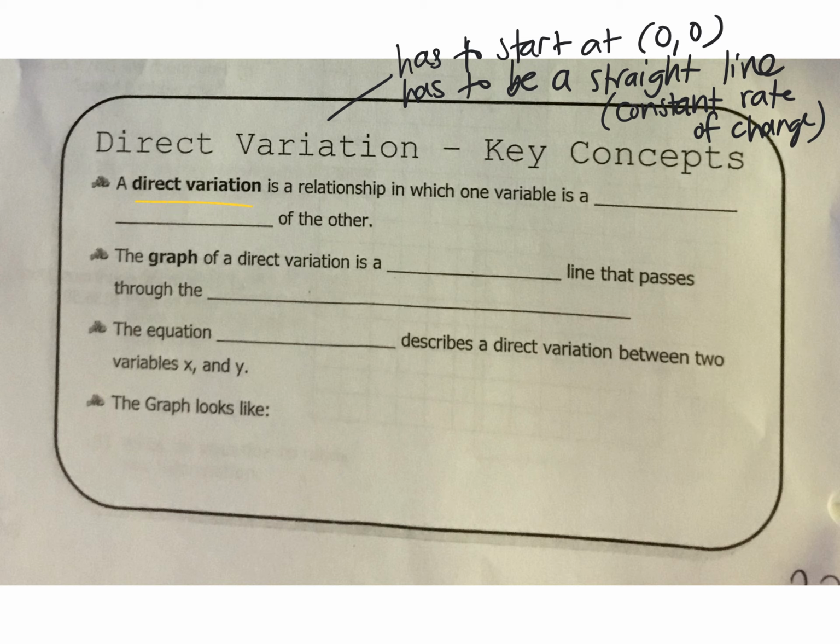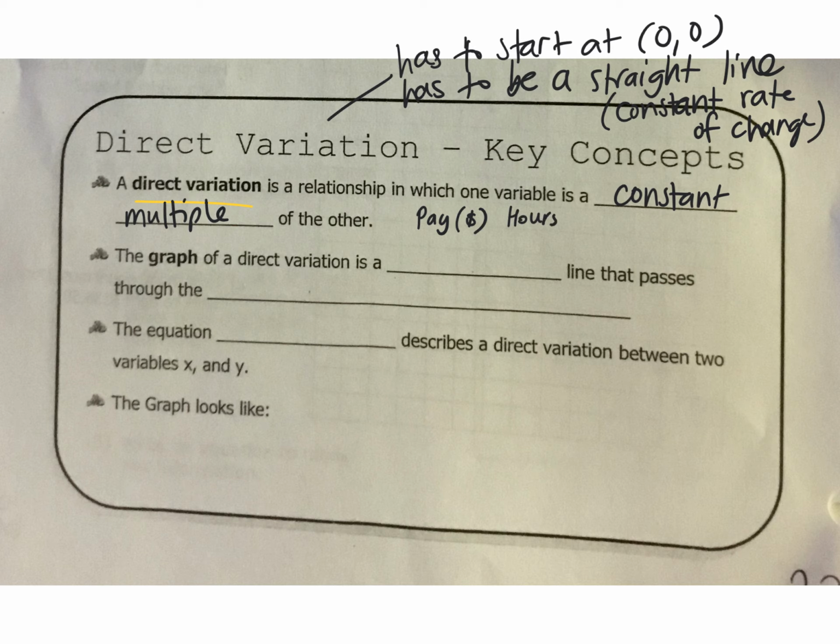A direct variation is a relationship in which one variable is a what? Fill in the blank. It's a constant multiple of the other. Think about it. The example you just did, you were looking at pay, money you make, and hours worked, right?